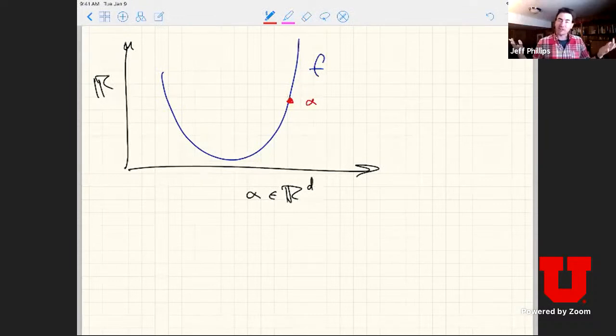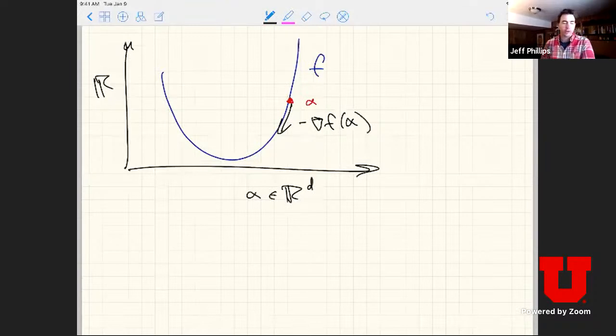In one dimension, this is kind of obvious. In high dimensions, where you only have access to a function and maybe you can take its derivative or its gradient, then the gradient tells you that, the direction of steepest descent. So I want to go, this is negative f, the negative of the derivative of f at the value alpha.